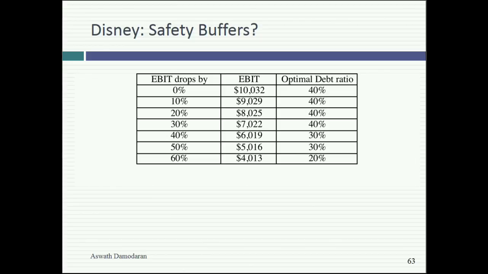And Disney seems to have a significant buffer where they can borrow a lot more, maybe not 40, maybe they can get to 30, and not really be affected by having a bad year pushing them into default or into a really bad scenario. So that's one way to deal with this what-if something goes wrong: take that operating income number, make that the vehicle for answering, hey, this is what could happen.